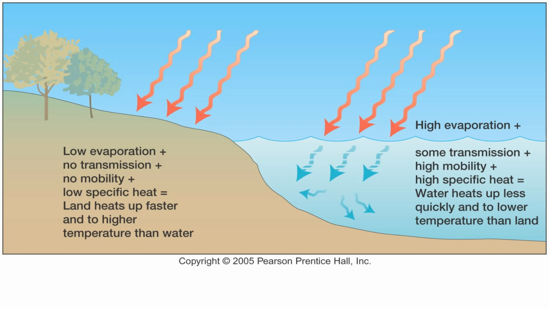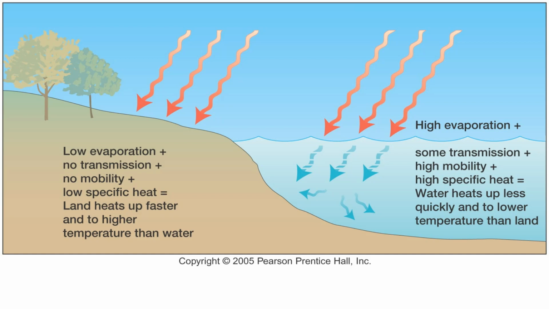Specific heat is how much energy a substance has to take in to change 1 degree Celsius in temperature. Something with a high specific heat needs to take in more energy to raise 1 degree in temperature, whereas something with a low specific heat has to take in less energy and therefore raises 1 degree of temperature a lot easier.